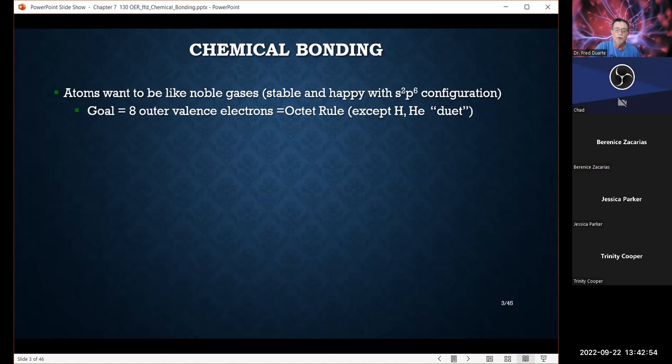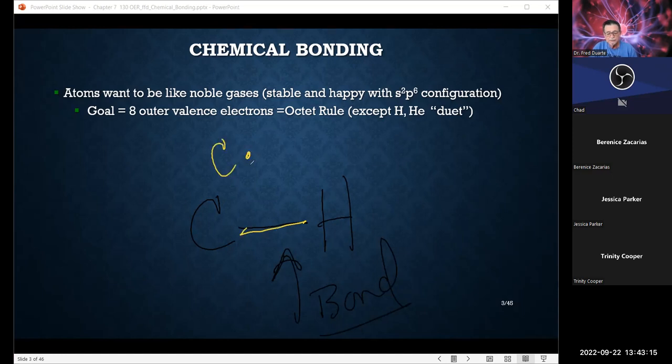And so what do I mean by that? Okay, I could have carbon and the line represents hydrogen. Okay, this line represents a bond. And we're going to have a lot more talk about what type of bond that is. So this line can be written like C, then two dots. It's the same thing.